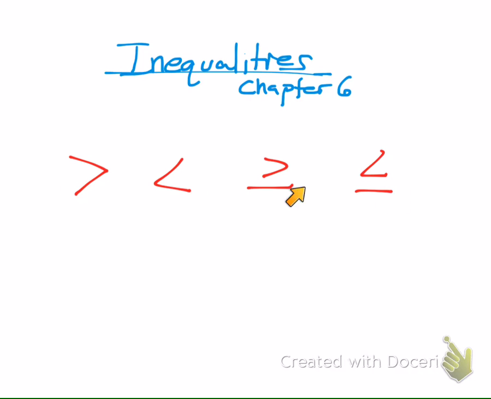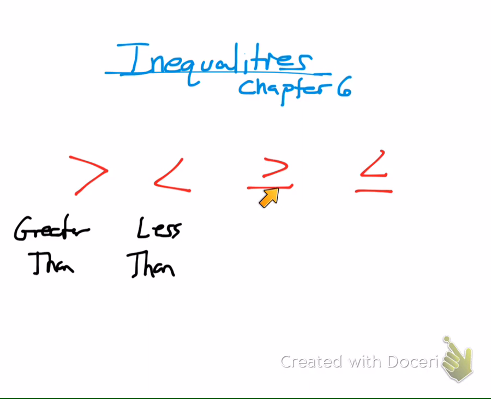So let's go through what each of these symbols are again. Okay, remember you always look at them from left to right. So this one, what did we say? That was greater than. So that makes this one less than. This one, when you have the bar underneath, means what? Or equal to. So it's greater than or equal to. And if you already know these, you don't necessarily need to write these down, but it might be a good idea to have.